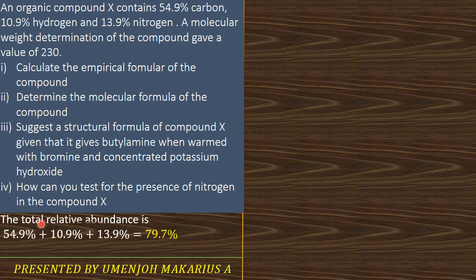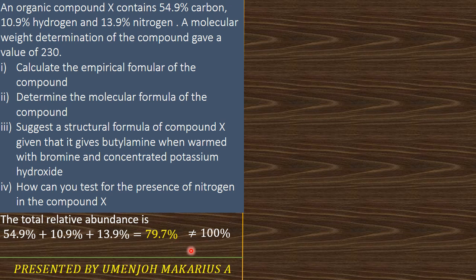Friends, each time the relative abundances have been given in percentage format, we must sum all of them to see if it is 100%. If you sum up all the percentages, we will see that it is 79.7%. It is not 100%.